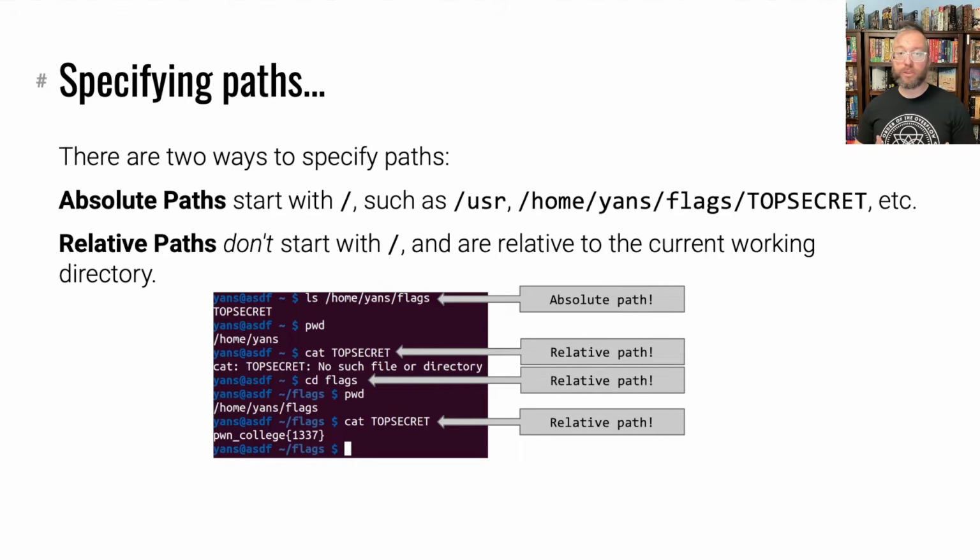There are two types of paths, and we already kind of implicitly saw them. If you start a path with a forward slash, you are using an absolute path. Forward slash blah, forward slash blah, that starts all the way back at root and then goes in through your file system tree. Relative paths: if you don't start with a forward slash, it starts from the current directory.